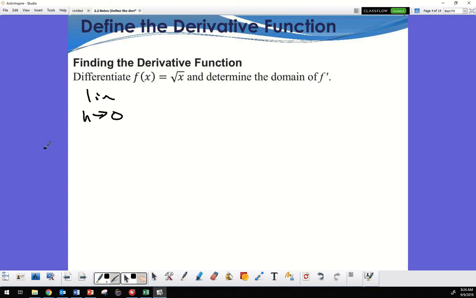The limit as h approaches 0 of, and this is going to be x plus h, so it's going to be quantity of x plus h minus, over h. There we go.